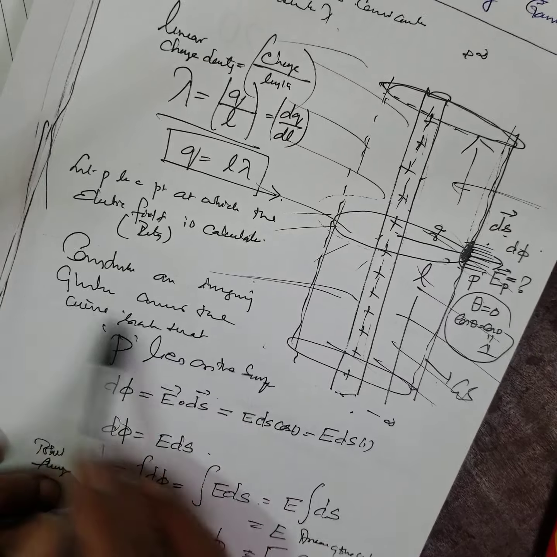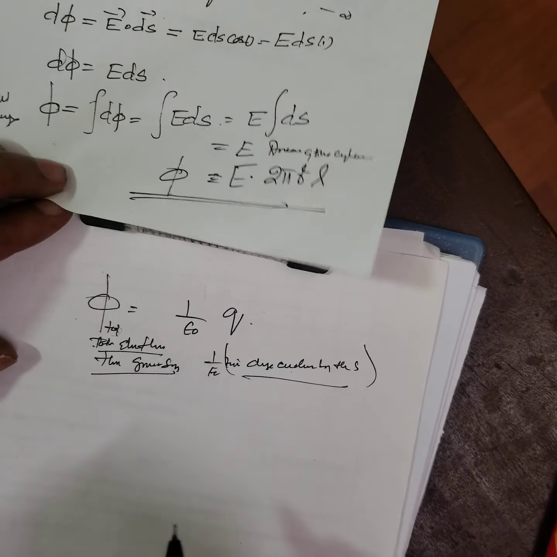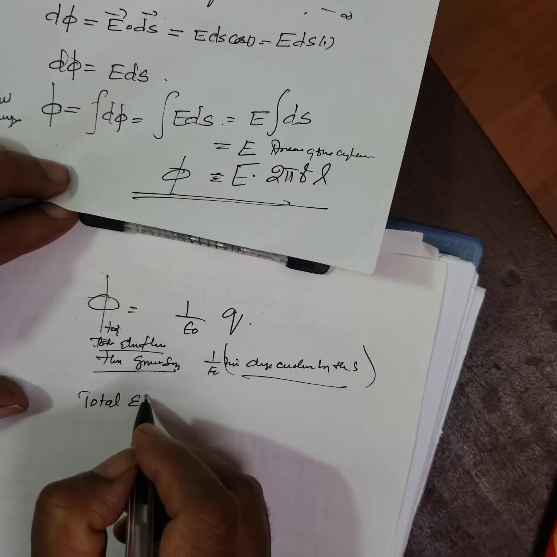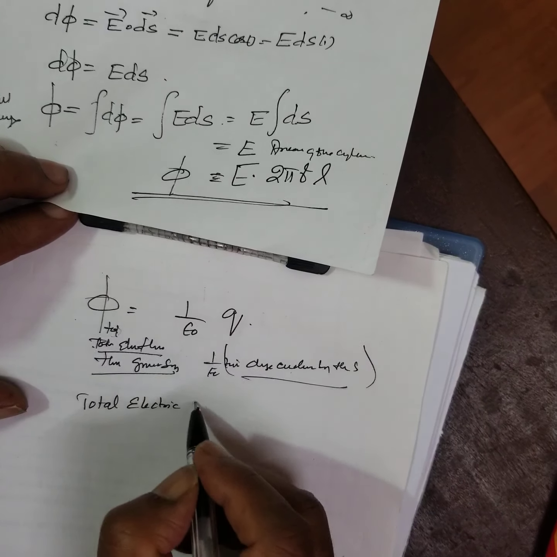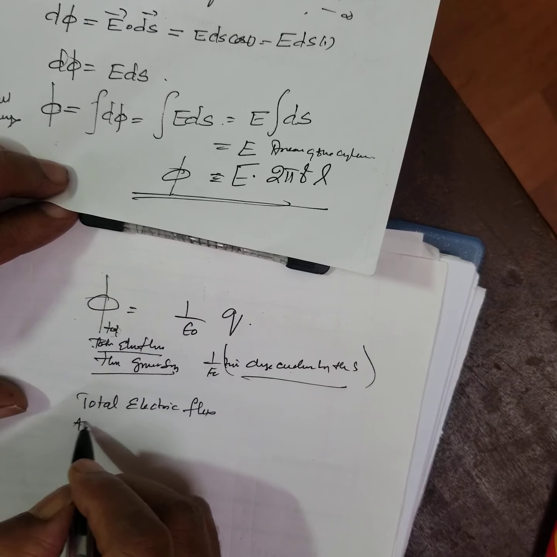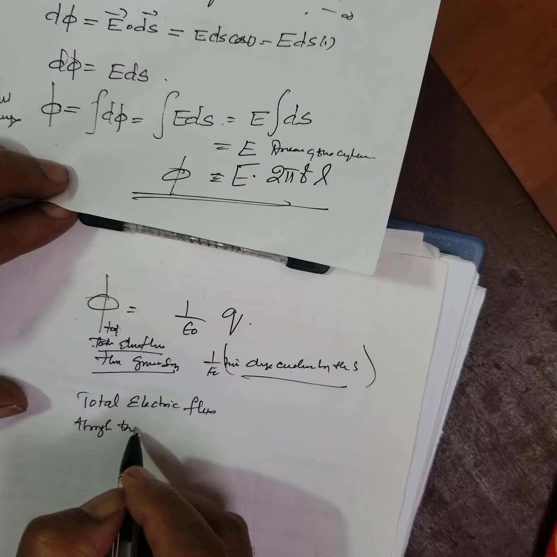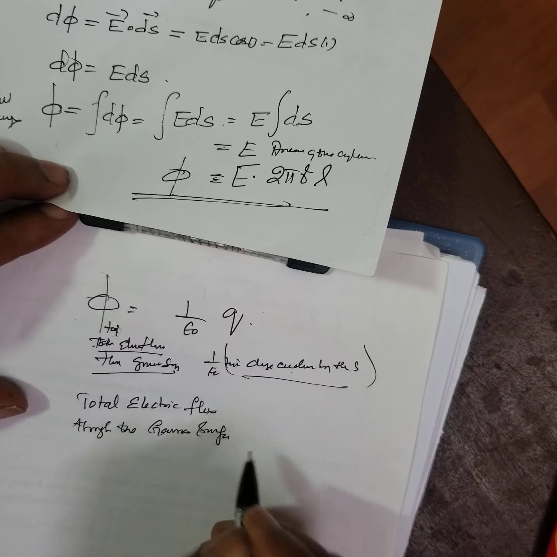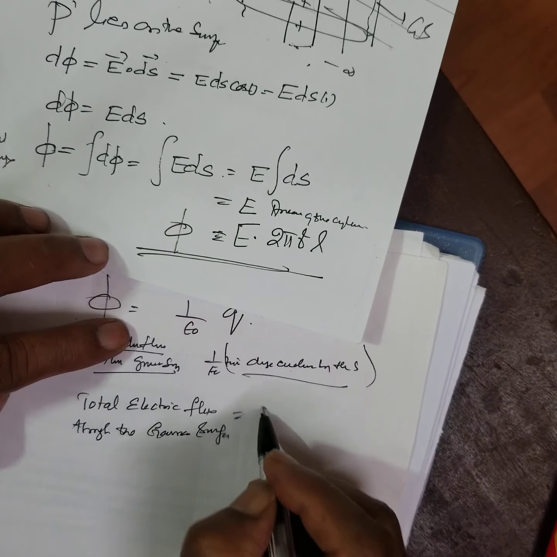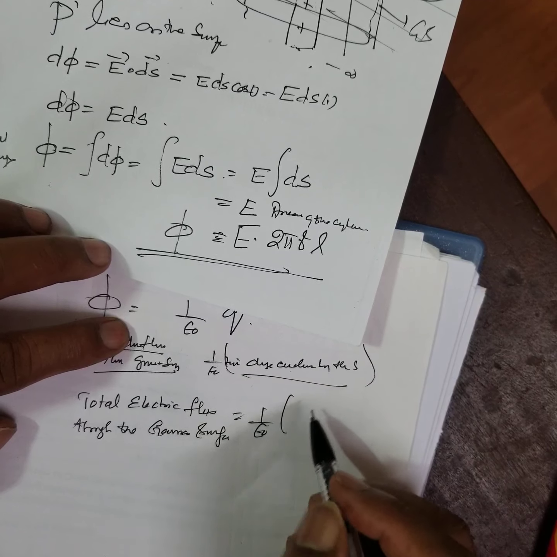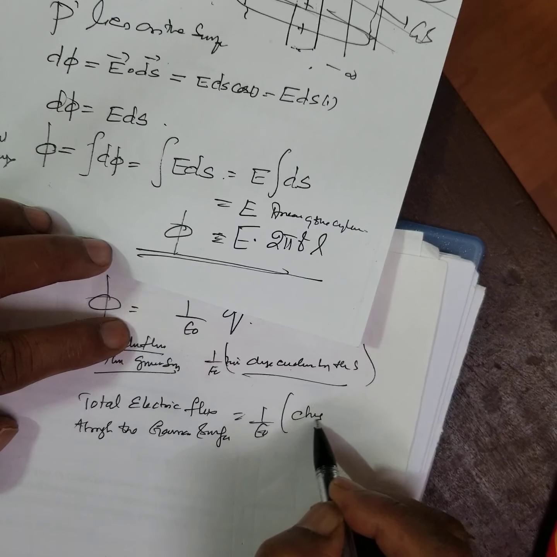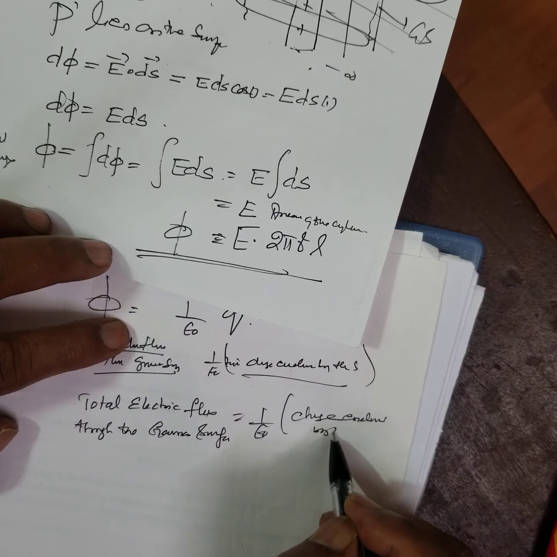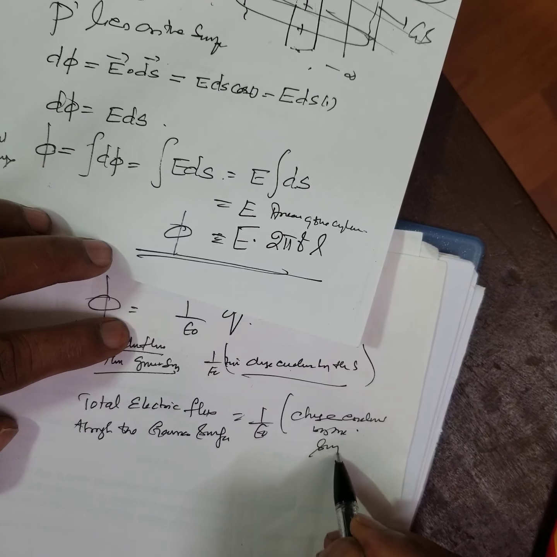Purposely I am writing like this, but I can write in very neat handwriting. You have to write: total electric flux through the Gaussian surface is equal to 1 by epsilon times the charge enclosed by the surface. It should be legible.